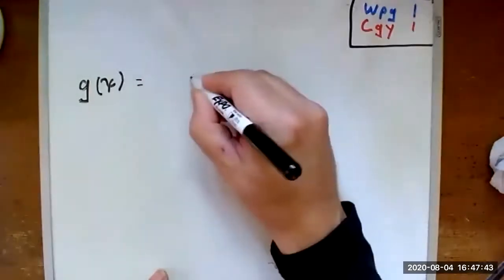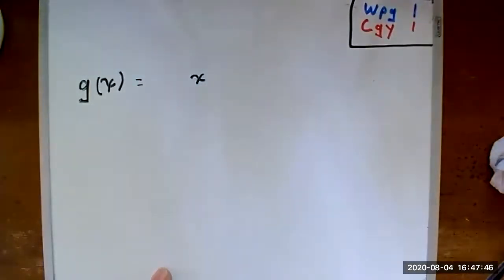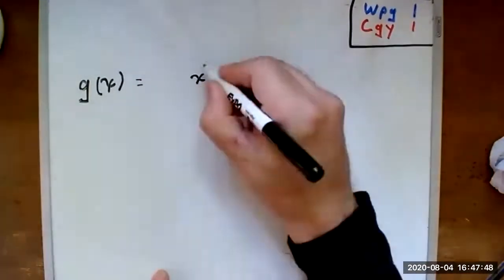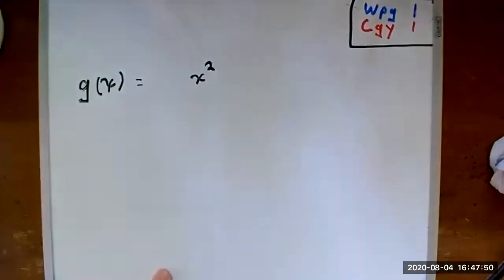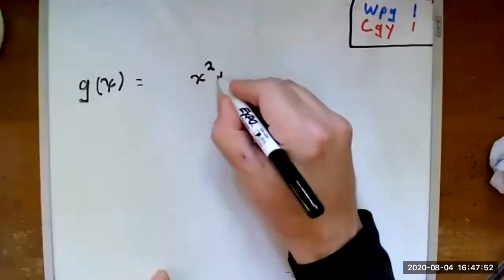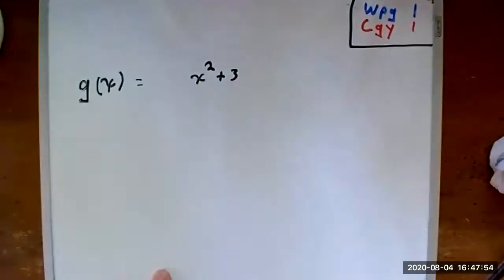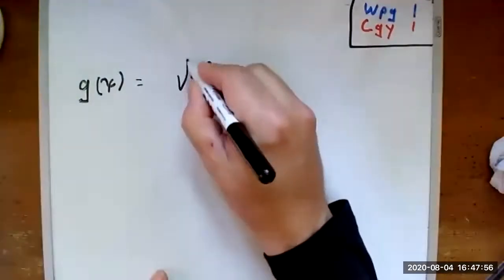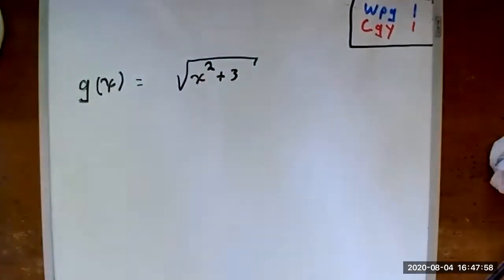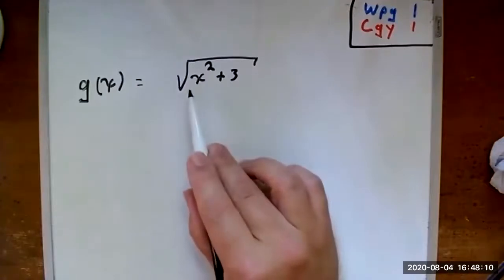If we're given an equation of the function g of x that takes each domain element, so we get a domain element, squares it, adds 3, then takes the square root. That's what that description looks like.